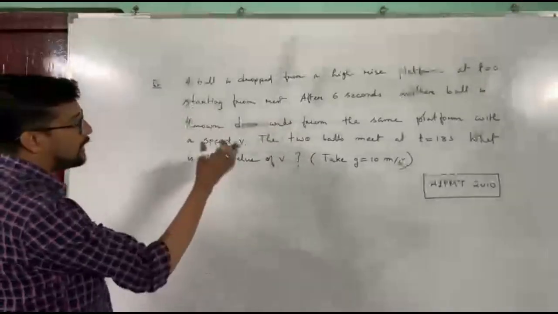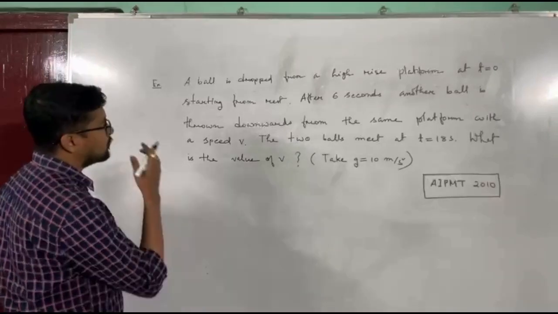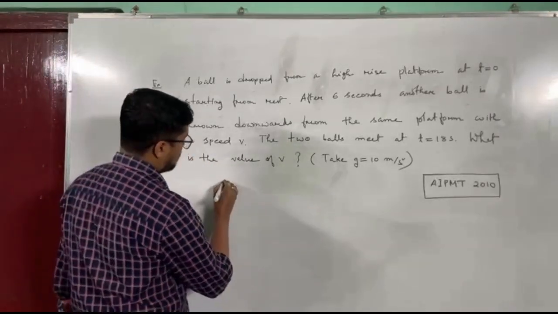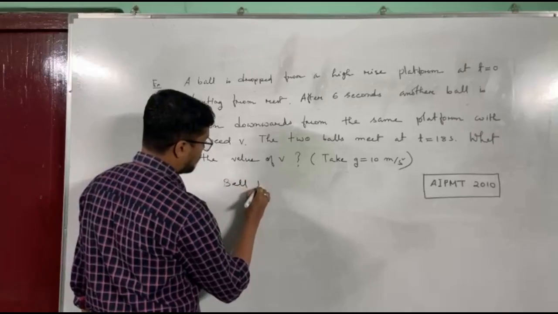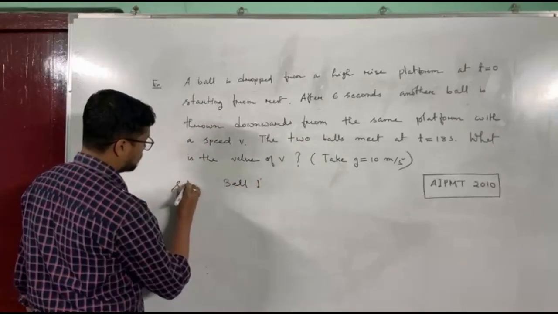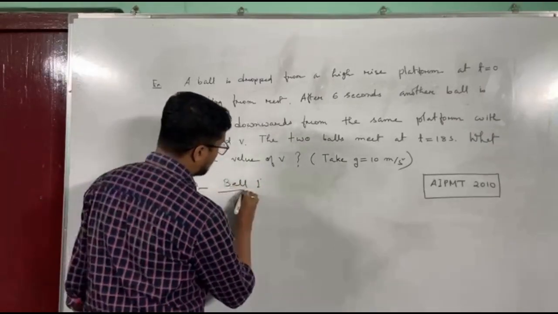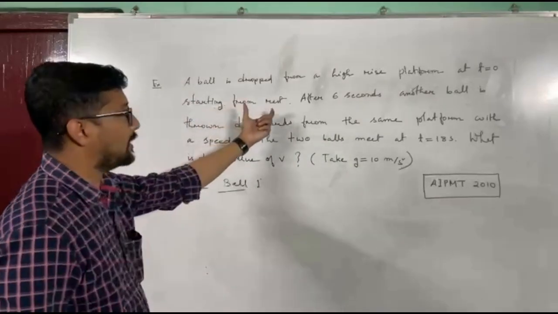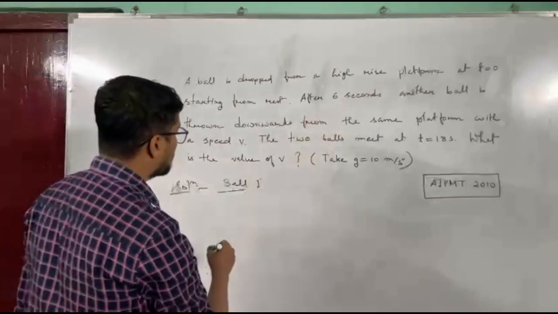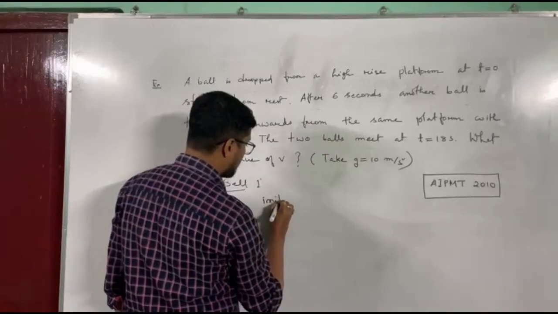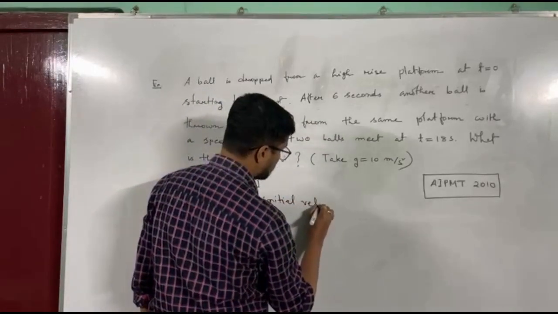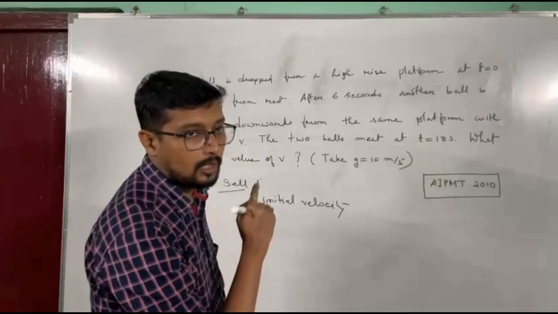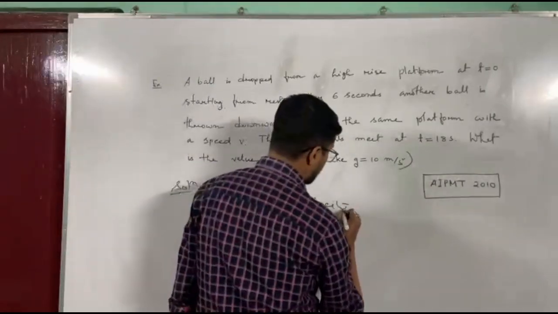So the first part is, anyways, from free fall. For the first ball, ball 1, which is dropped from rest at time t equal to 0, the initial velocity is going to be 0, because it is a case of free fall.